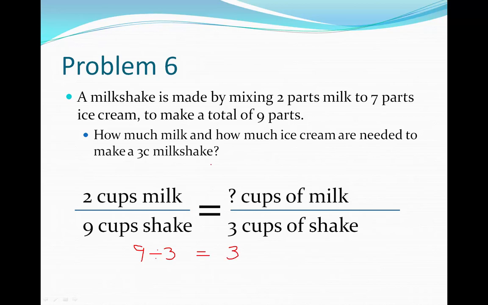So to maintain the proportion, I'm going to say that 2 cups of milk will have to be divided by 3 to get the cups of milk that answer our problem. So 2 cups divided by 3 is 2/3 cups of milk.